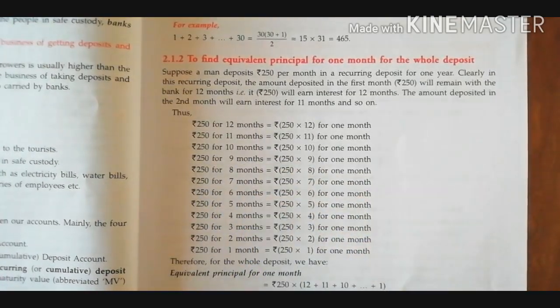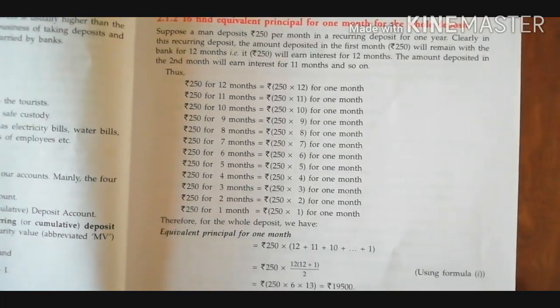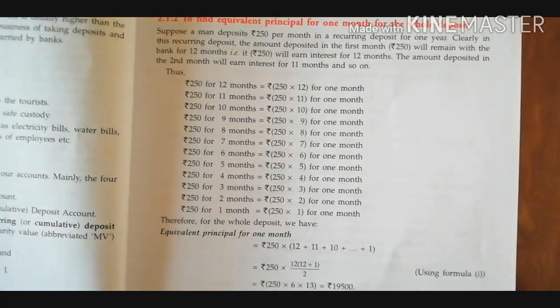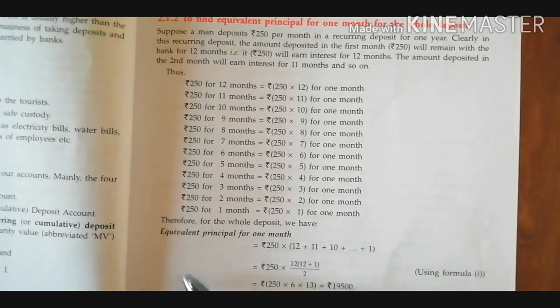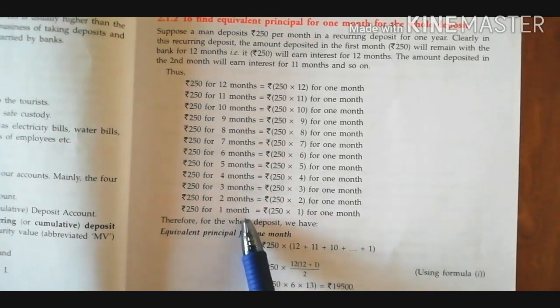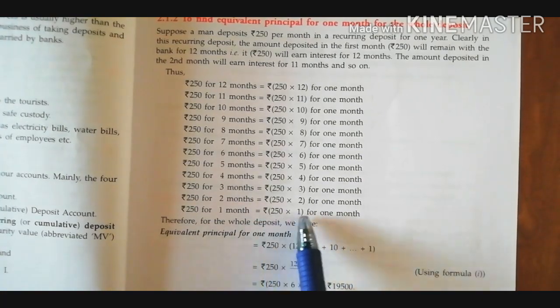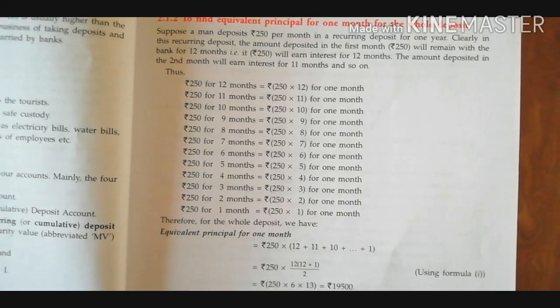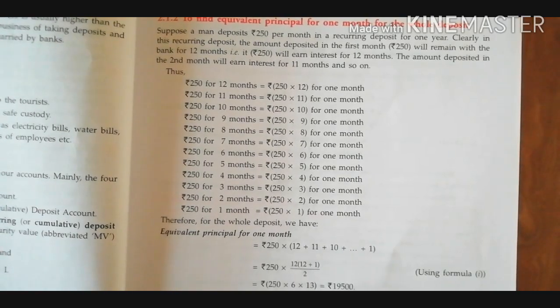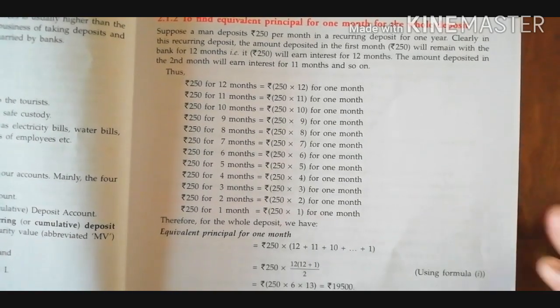If you go like that, at the start of the 12th month we also deposit 250 rupees, and for that 250 we get interest for 1 month, because 11 months are already over, so it is 250 into 1. You should understand this concept, and by using this we construct the formula.